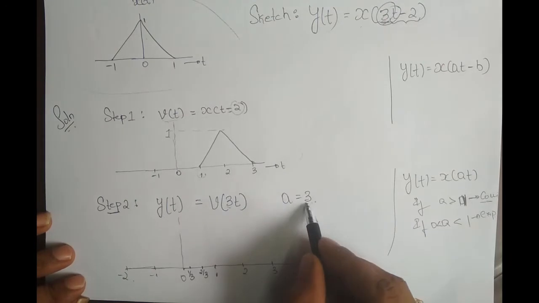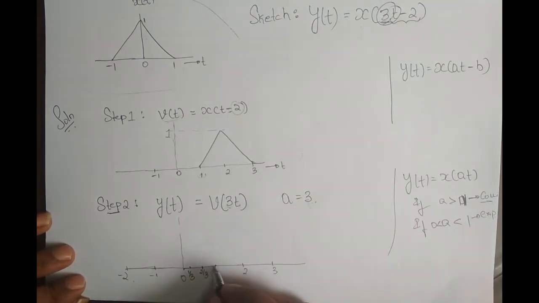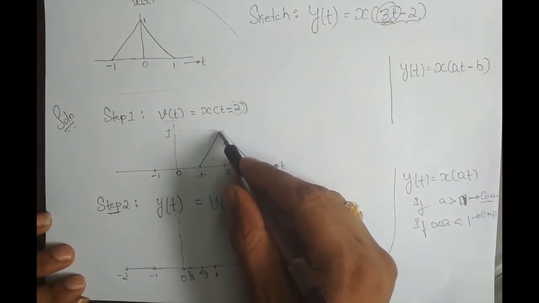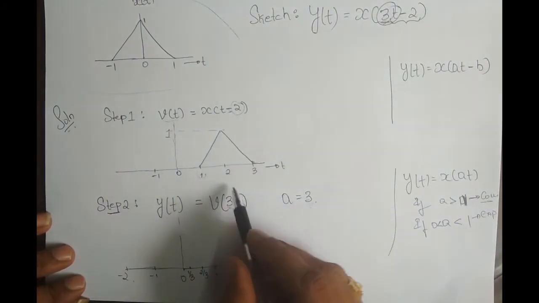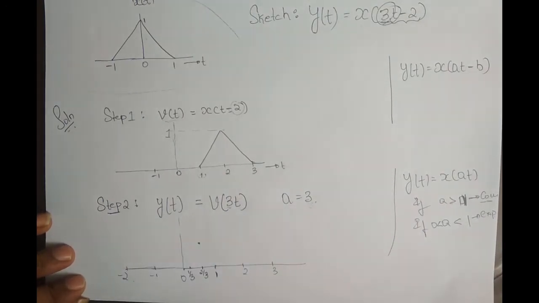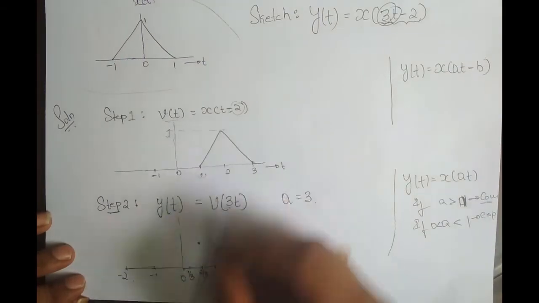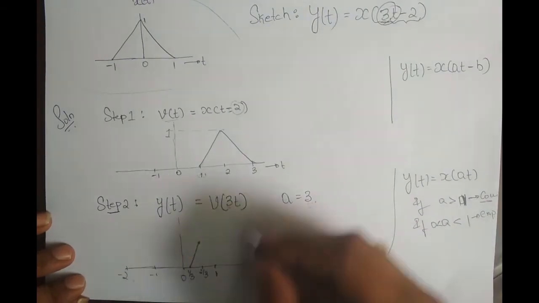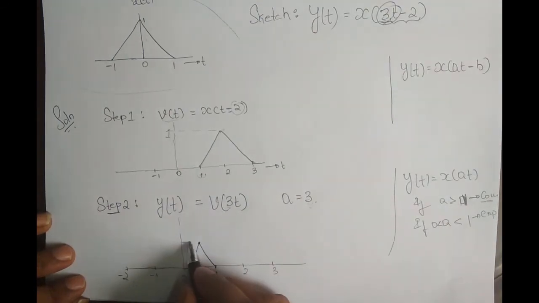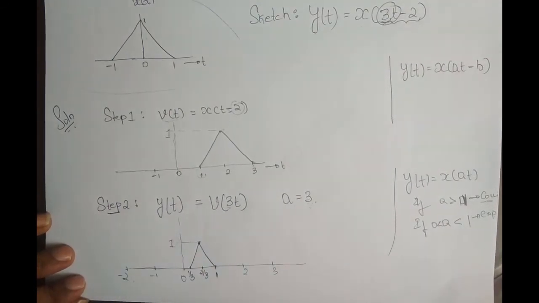And 3 into 1 by 3 is 3 by 3, which is 1, so I get 1 here. Now what is the amplitude at 2? It is 1, and the amplitude at 2 by 3 remains the same. The amplitude does not change. So at 1 it increased, and from here to here it is decreasing, and the amplitude is the same, which is 1.